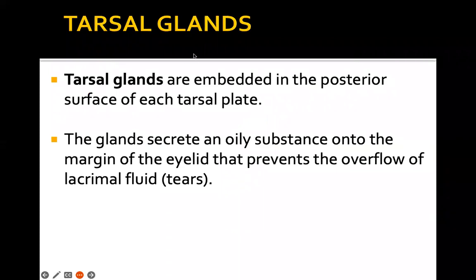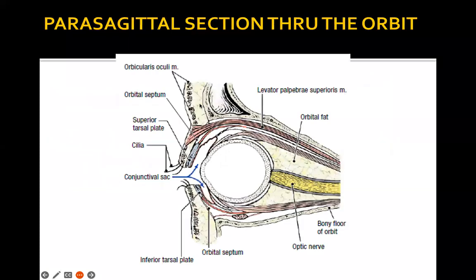There are some glands that help the normal functioning of the eye. So tarsal glands are embedded in the posterior surface of each tarsal plate. So I think you saw the inferior tarsal plate here, and then the superior tarsal plate.